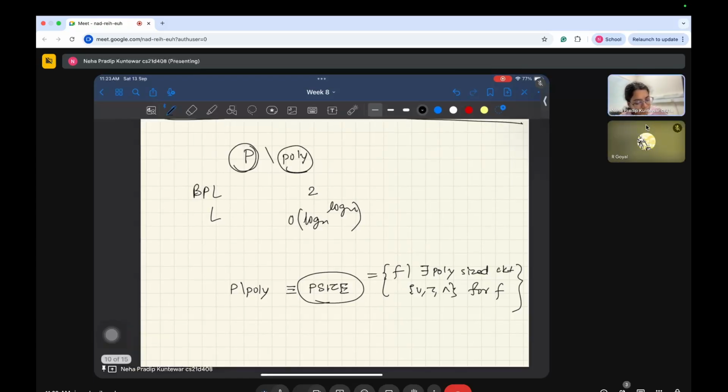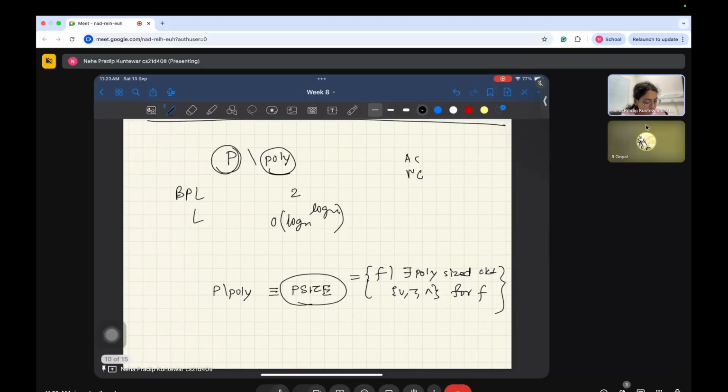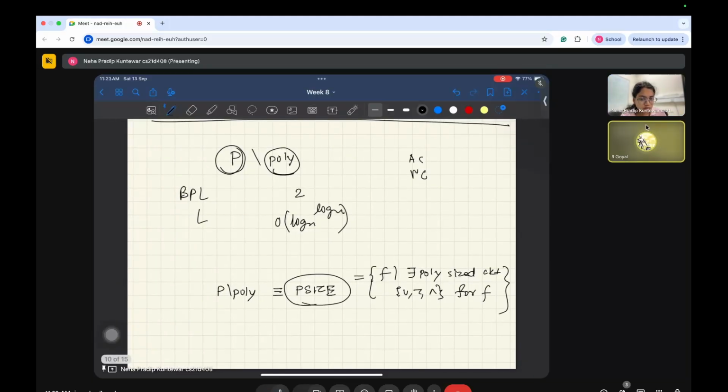You're talking about AC, NC, and what is the other class? P/poly itself. That also says that it is a collection of all the circuitry of polynomial size. So this is something that we want to prove. As of now, by definition itself, this is a definition with respect to Turing machines.